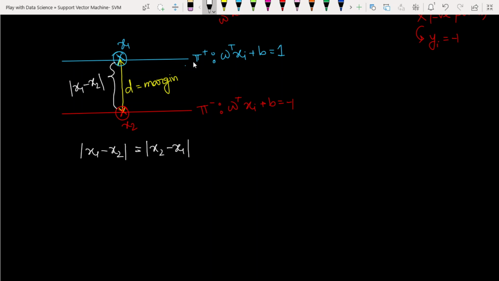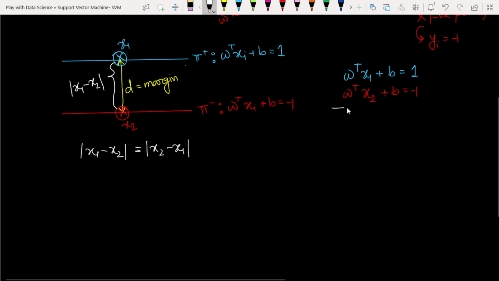Now x1 lies on the pi plus plane, so it satisfies this equation: w transpose x1 plus b is equal to 1. Similarly, our x2 point lies on the pi minus plane and satisfies that plane's equation.